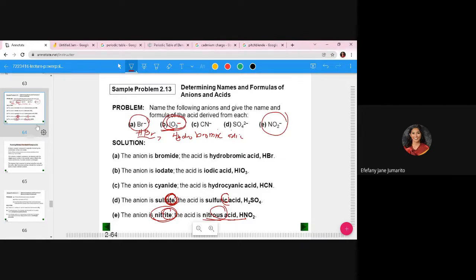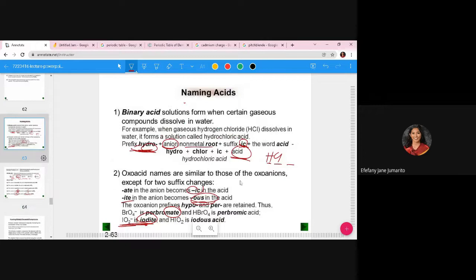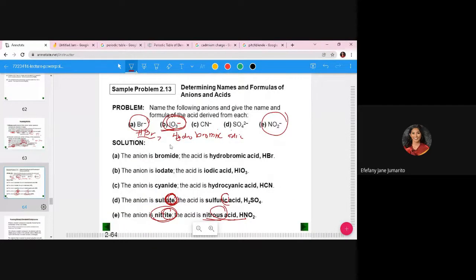So if that's the case, for oxo acids, when we say oxo acid, there is oxygen in it. For the oxoanion, we add the prefixes hypo and per, which are retained. Also, ITE becomes OUS, and ATE becomes IC.